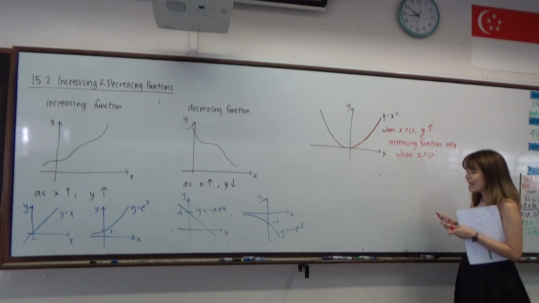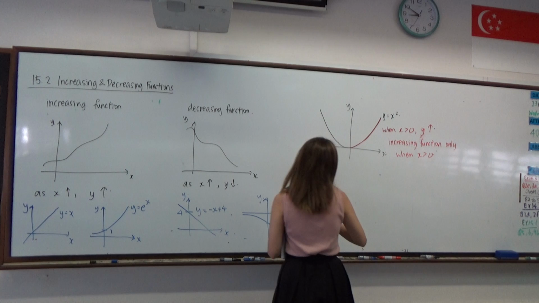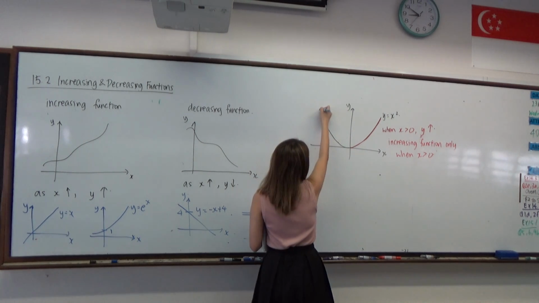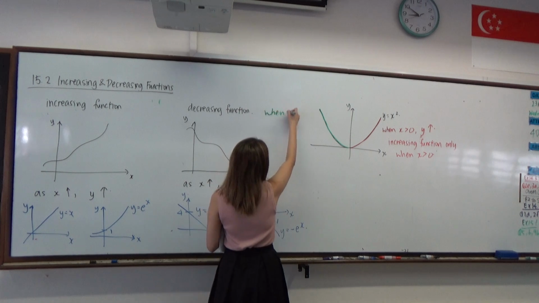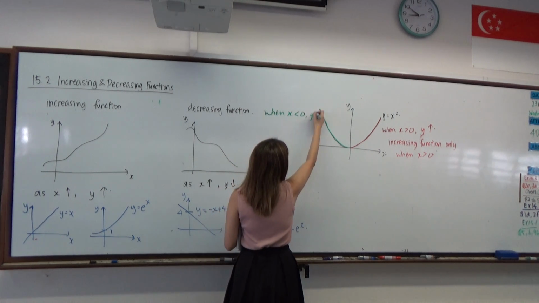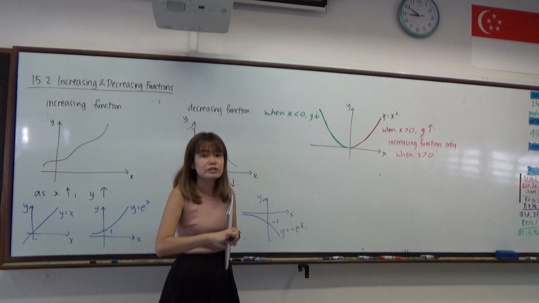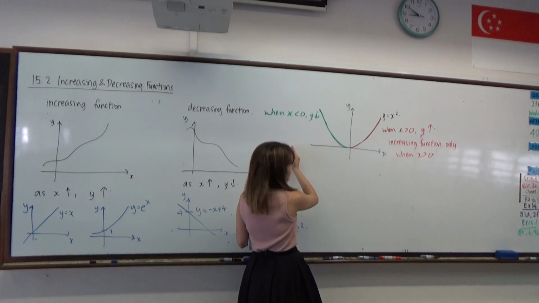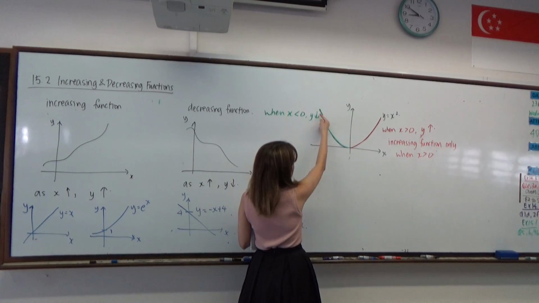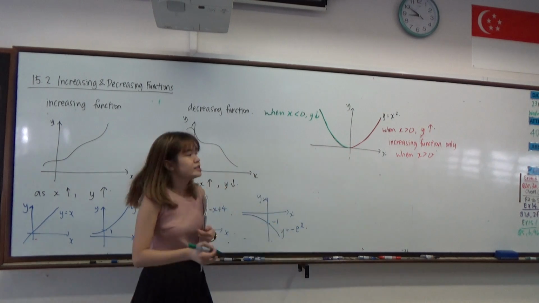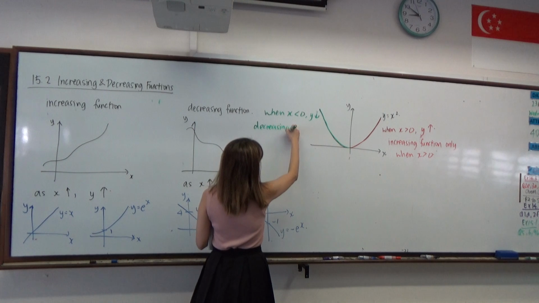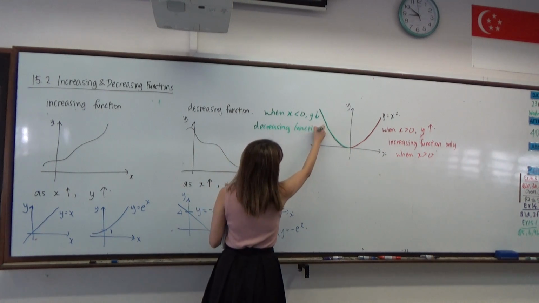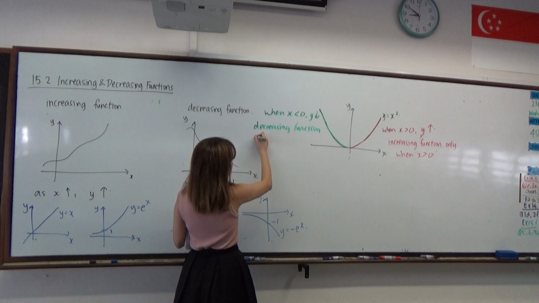On the other side of the x-axis, when x is less than 0, we find that y is decreasing. As x is increasing, our y is actually decreasing. So it is only a decreasing function for a specific interval, and that is when x is less than 0.